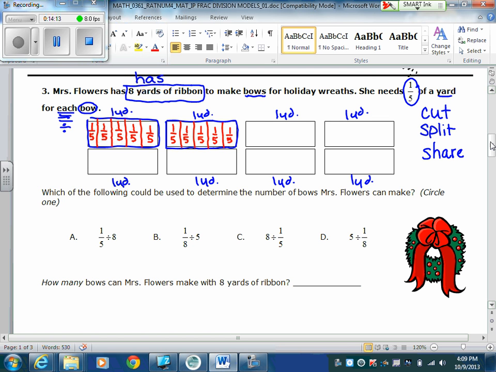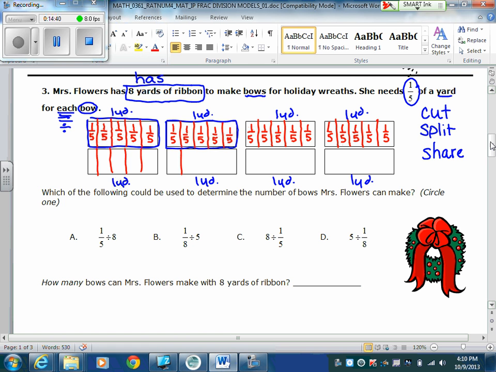So every time I cut a 1/5 off, she can make a bow. Here's another 1/5. There's another bow. Another 1/5, another bow. So she can make a lot of bows here, and we keep going. 1, 2, 3. Okay, I cut that one right. And you just keep going on the bottom.